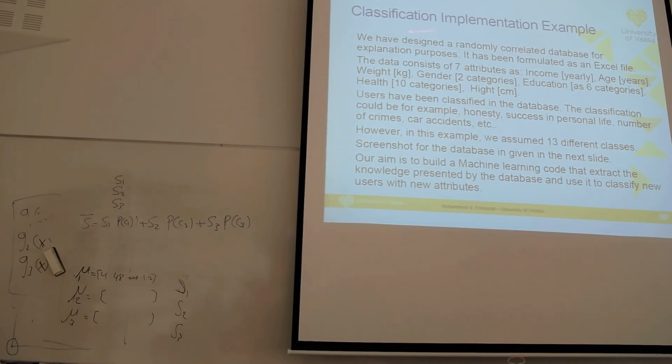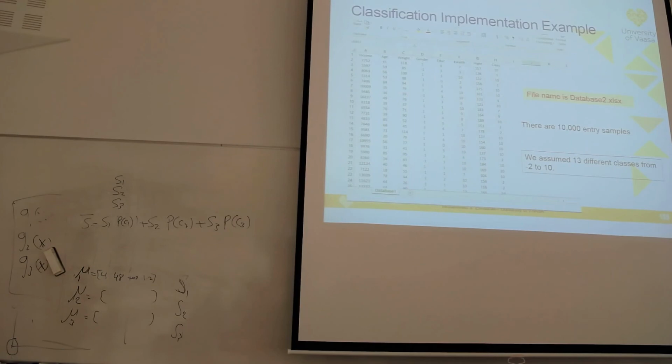Now we have some examples that you can download from the module. I put this example in the module. It is already there. The file name is database2. It is an Excel file. And here we have classes for a health system. We have the income of people, the age, the weight, gender, education level, health situation, and the height of every person.